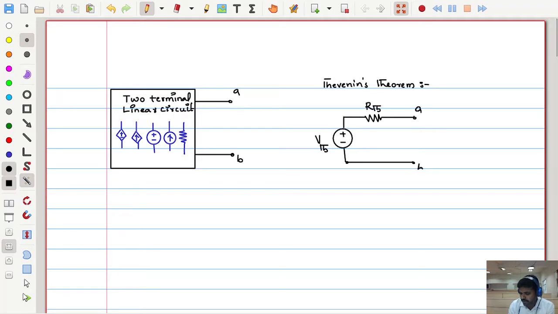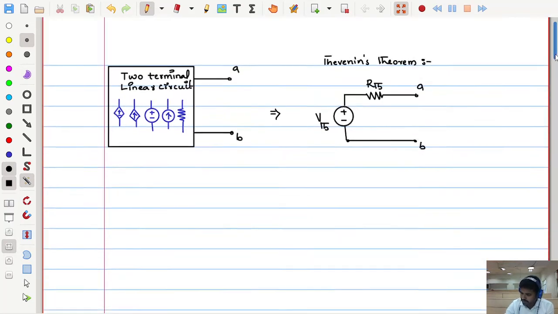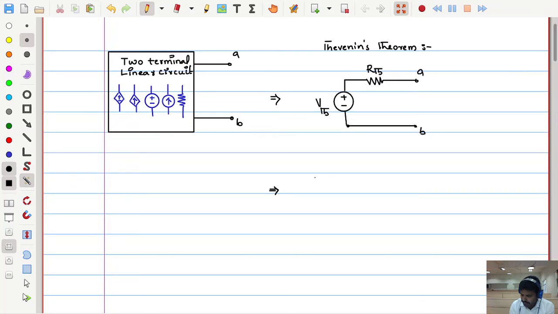So now you can say that this network can be replaced in this way. And we also saw from the other theorem, which is Norton's theorem, that the same two-terminal linear circuit can also be replaced by a single current source in parallel with a single resistance.